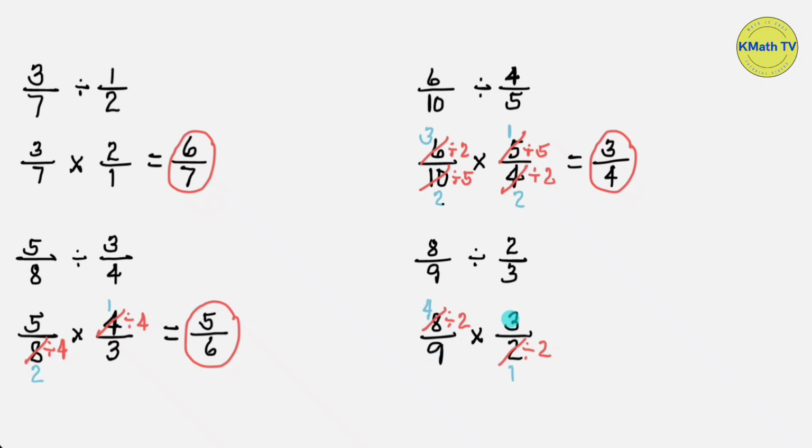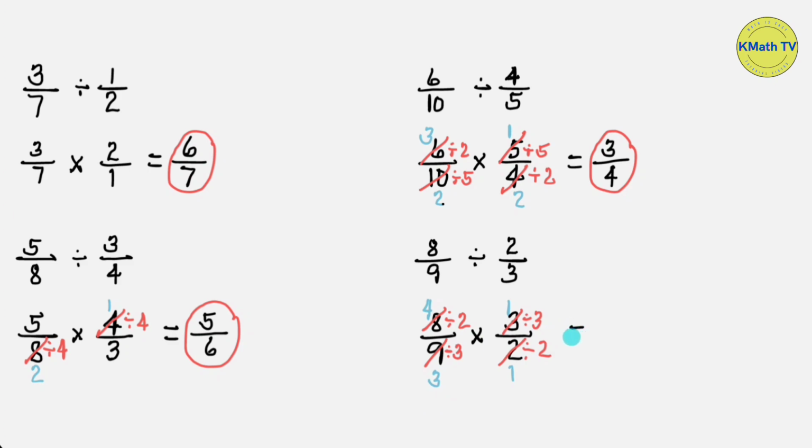Let's divide them by their GCF 3. Cancel, cancel, then divide. 3 divided by 3 equals 1. 9 divided by 3 equals 3. Okay, we're done with the cancellation.